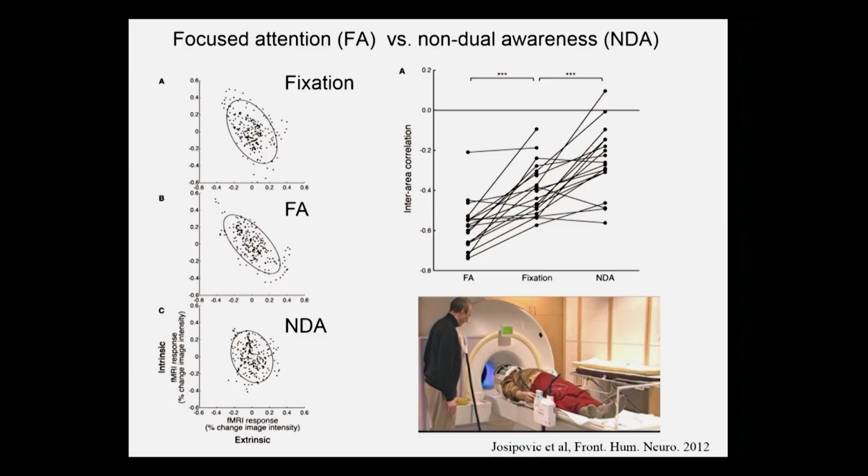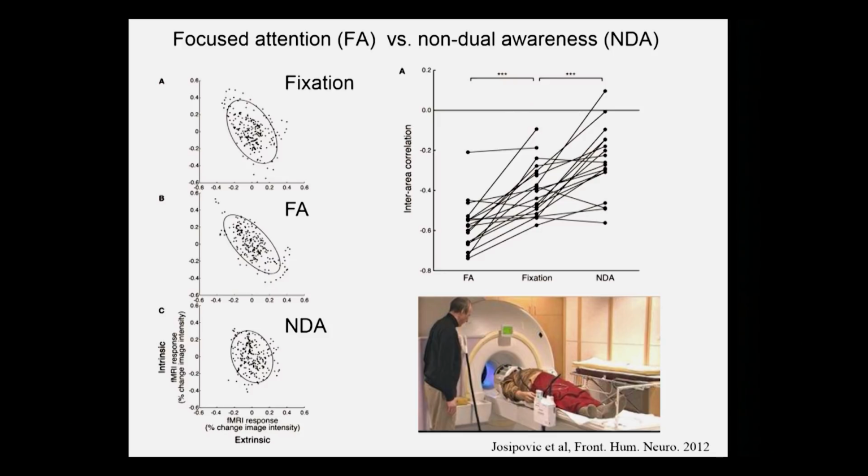So this was an interesting study done in very experienced practitioners in Tibetan Buddhism, looking at the differences in the default mode network, this anti-correlation between the two networks, when they were either doing a fixation task, focused attention, or non-dual awareness.